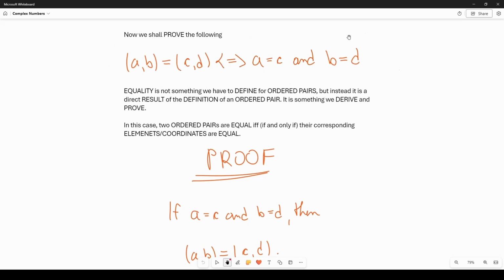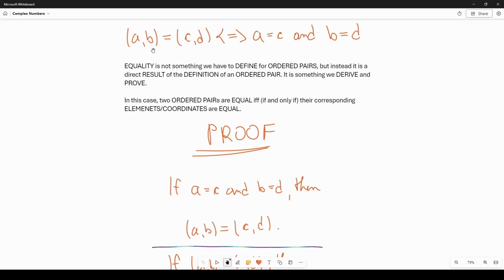It means that they have the same corresponding elements, first elements and second elements. So as we can see, equality is not something we have to define for ordered pairs, but instead it is a direct result of the definition of an ordered pair. It is something we derive and prove. So in this case, two ordered pairs are equal if and only if their corresponding coordinates are equal.